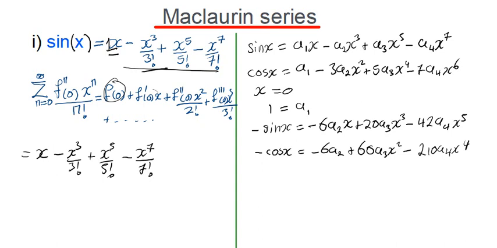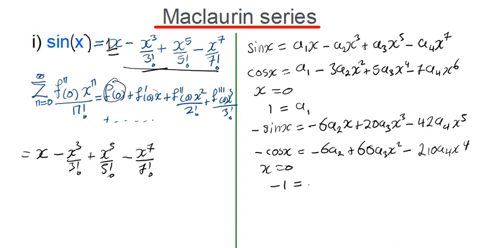So now we can substitute x equals 0, so we're going to get minus cos 0, which is minus 1, equals, so putting 0 here and 0 here, you get a 0 because you have an x multiplying whatever that is.